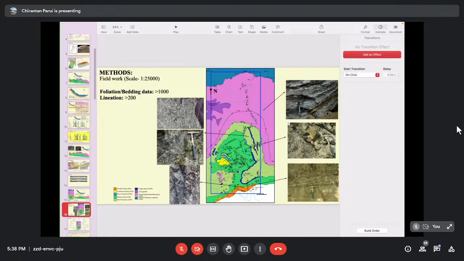But the point is that metamorphism is always associated with ductile deformation, right? That means whenever you are measuring a rock deformed by ductile deformation, it should not be sandstone, isn't it? Yes, sir.